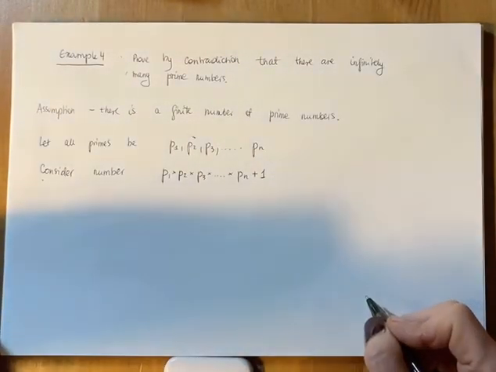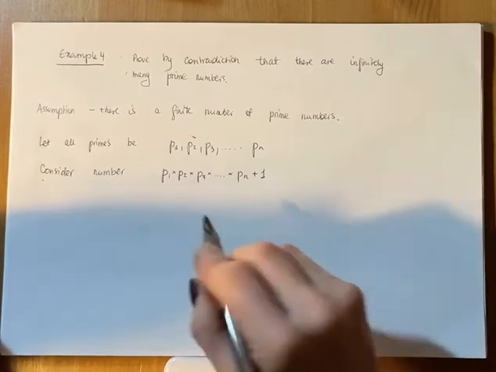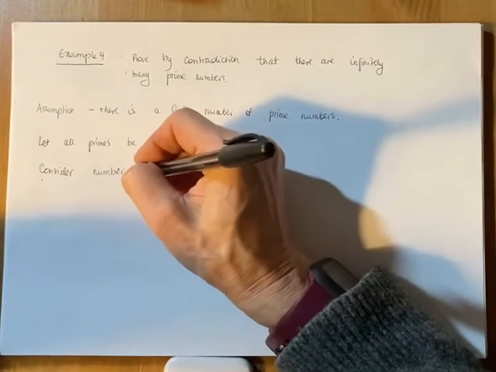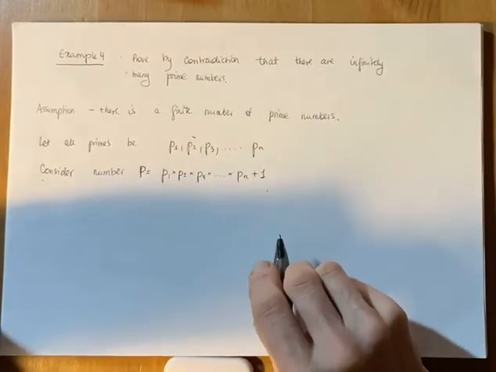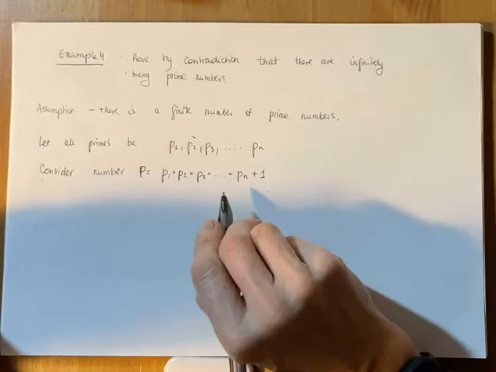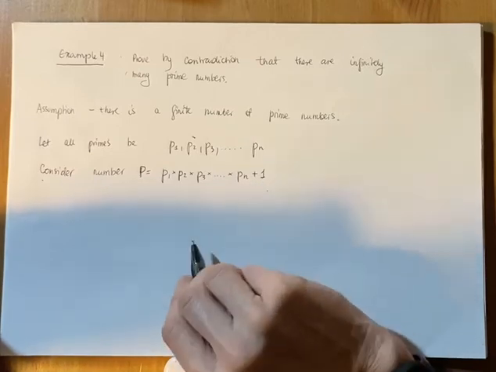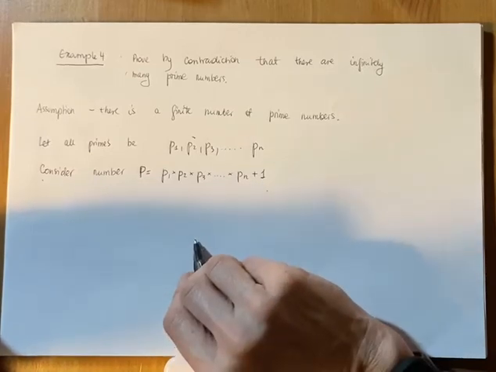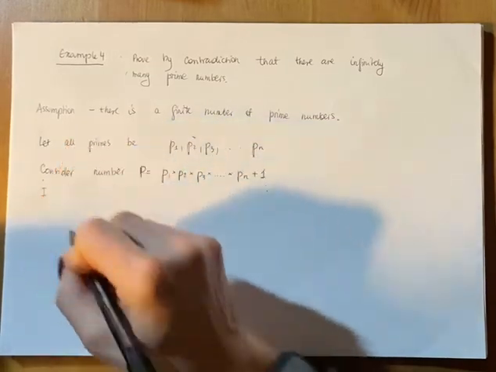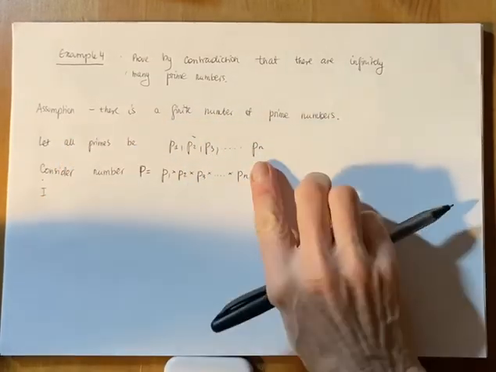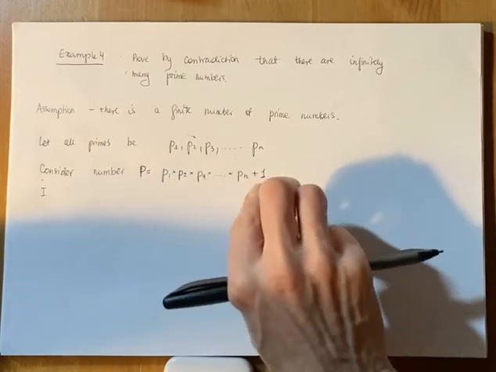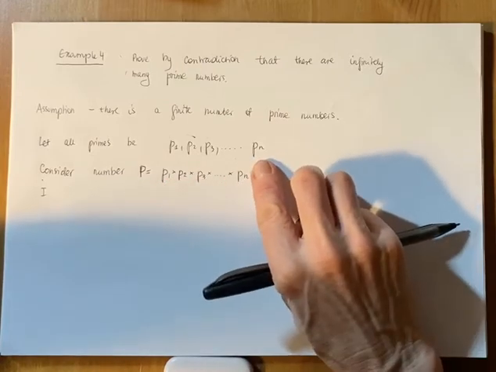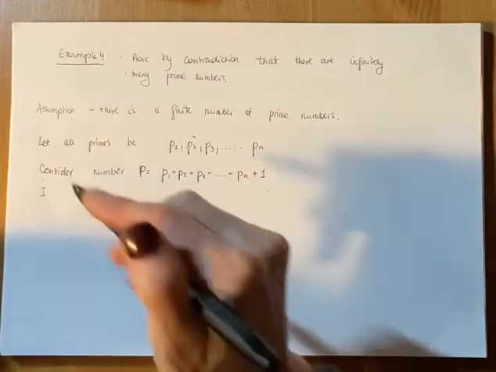So now if you divide that number, let's call it number P, by any of the prime numbers, then you will always get a remainder 1. So think about it, you can divide it by P1 and you will get all the other prime numbers multiplied together. You will always have the remainder 1.